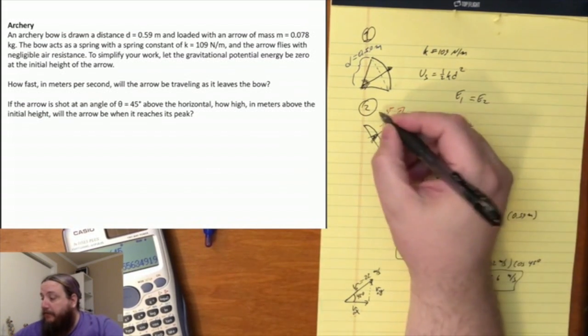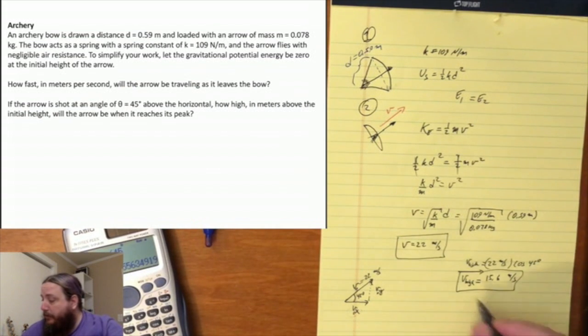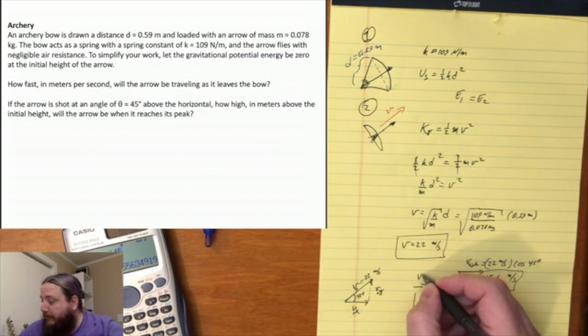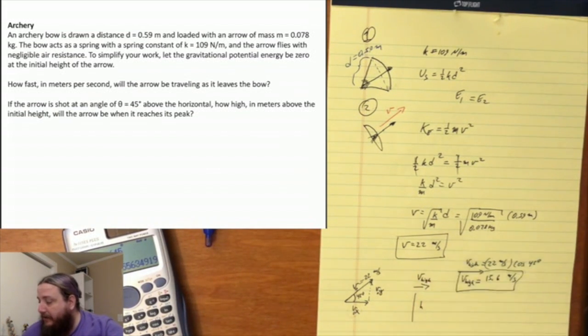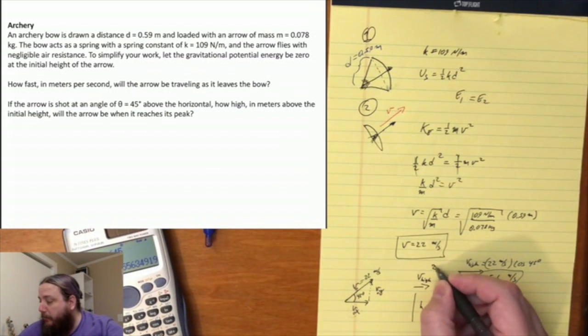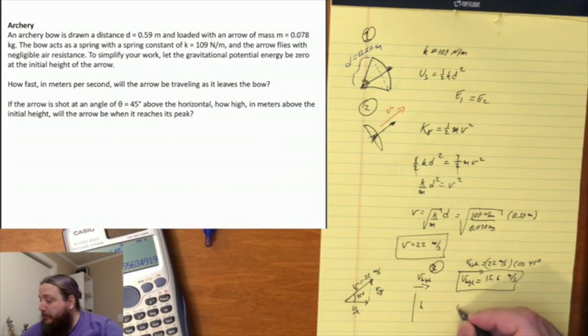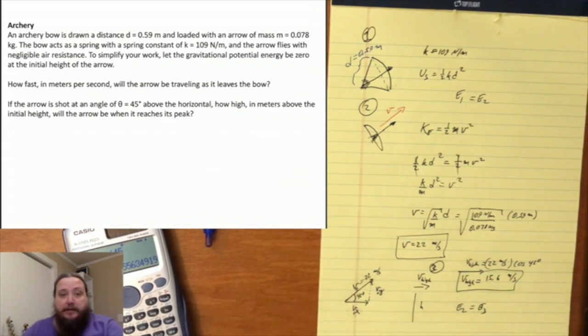And so if this is moment 2, we could call this moment in the air, when it's at some height h, moving at some velocity v high, moment 3. And indeed, the energy at moment 2 has to equal the energy at moment 3.